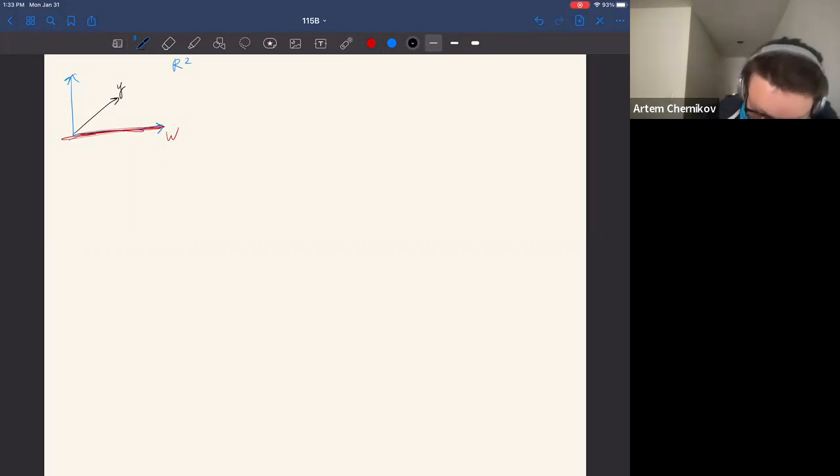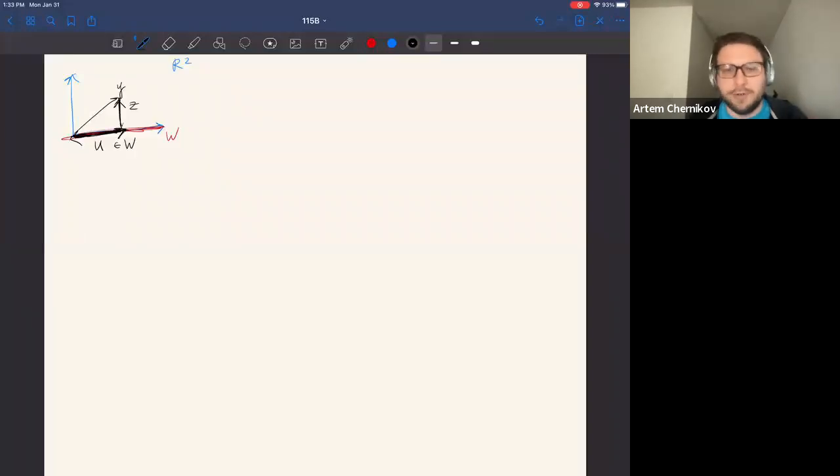Namely, the first one is going to be U. Okay, so this is U. So U is a vector in W. And we have the orthogonal complement vector Z. Okay, so the sum is Y. So this theorem just abstracts from this simple picture.